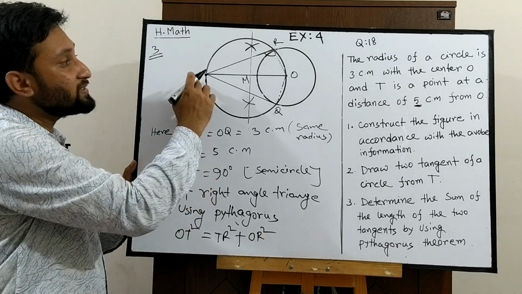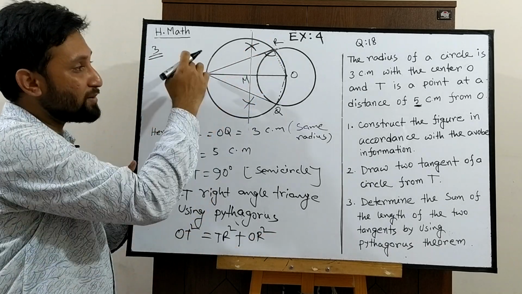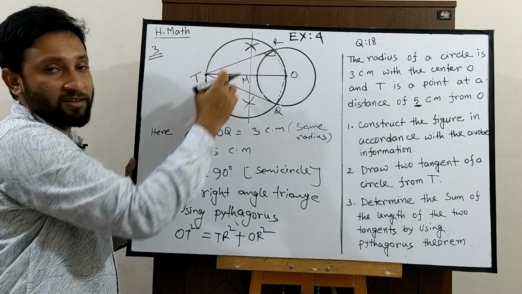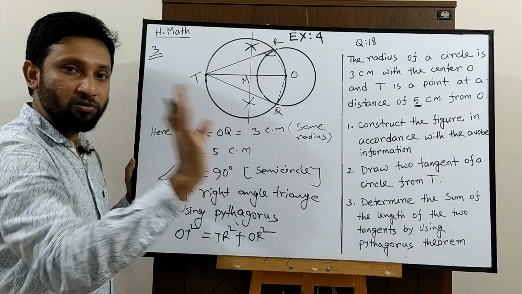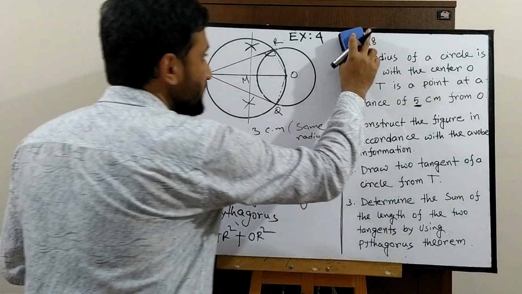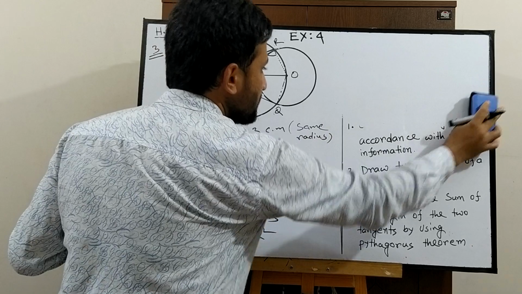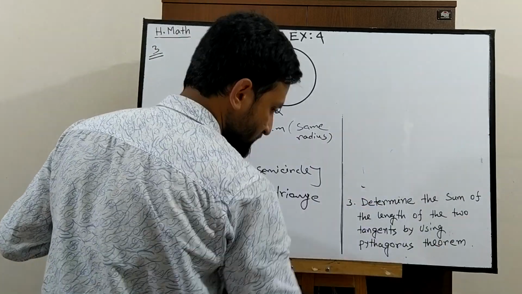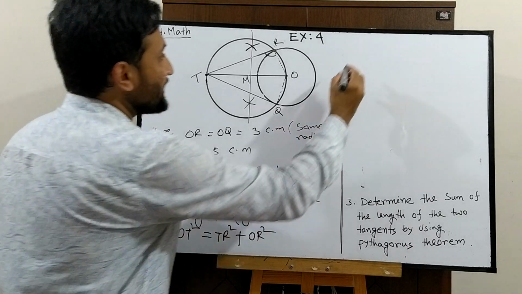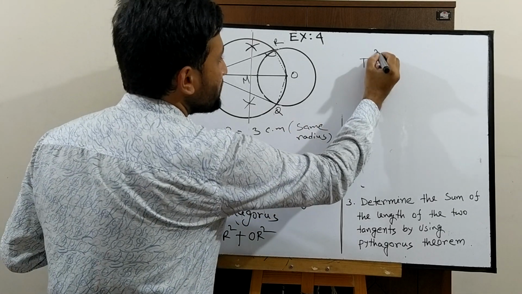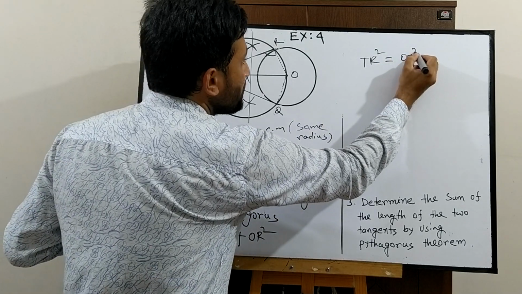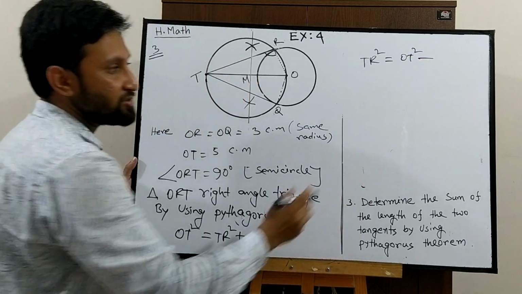We have to find the distance TR. If we find the distance TR, then TQ is also the same distance. So TR square equals OT square minus OR square.